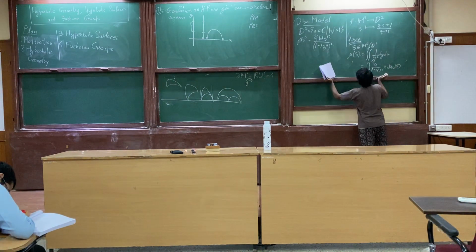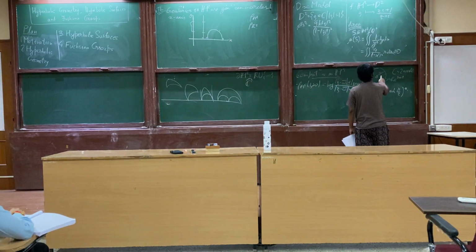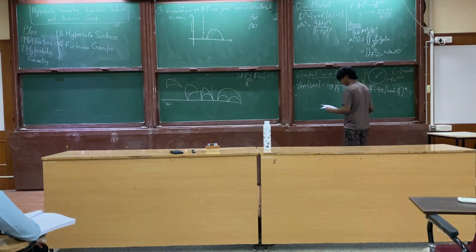If the integral exists, then S has an area, and you can check that the integral exists for a circle, and you can compute it.